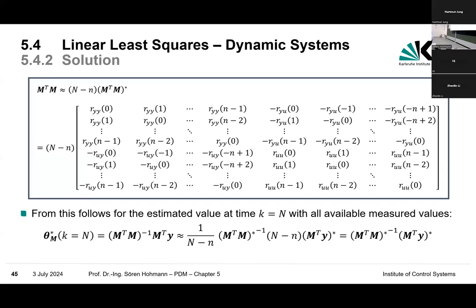A DSP, a digital signal processor, is capable of easily calculating Fourier transforms, fast Fourier transforms, and these values can easily be calculated with fast Fourier transforms.